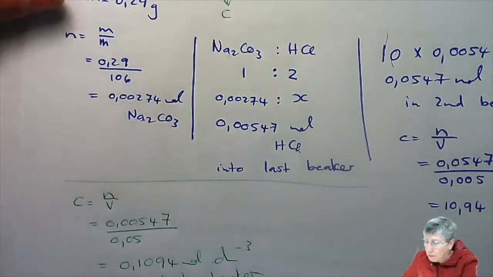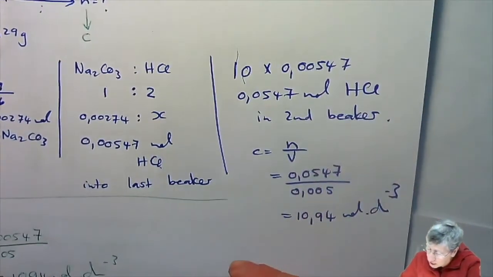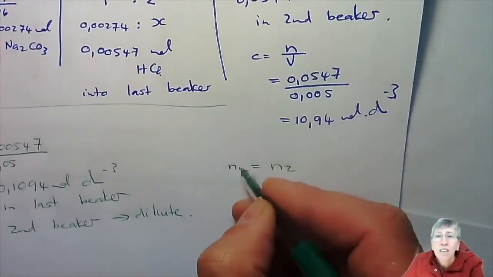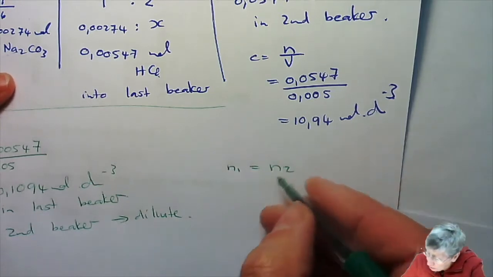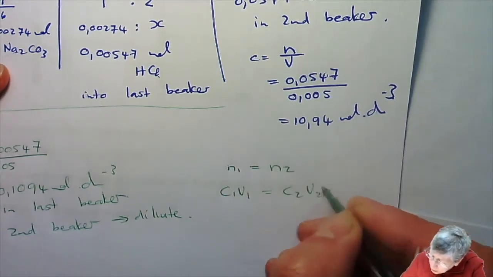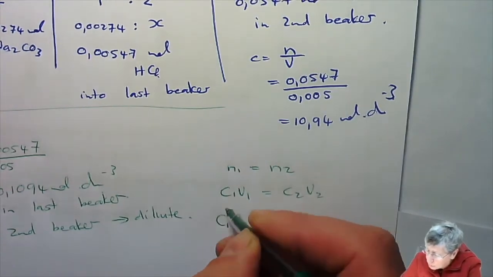So we now have the concentration over there, and they're asking us for the original concentration. And then I'll say, okay, but this is just dilution. So when you dilute things, you add water. The moles that you put in are the moles that you have at the end. So that will be C times V is equal to C times V. The concentration that I started off with, the sample, I don't know.